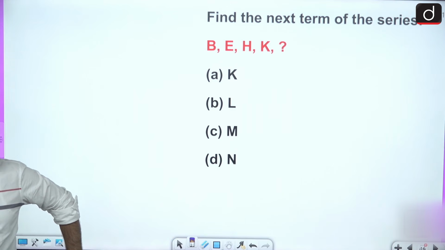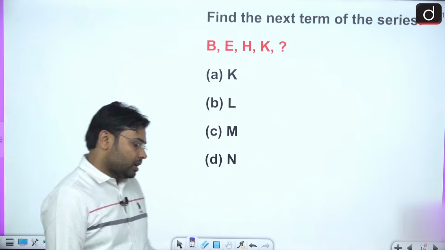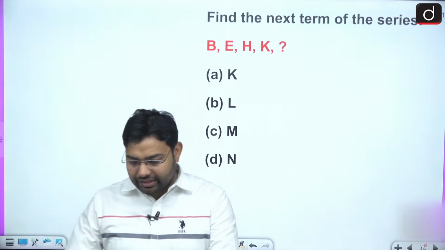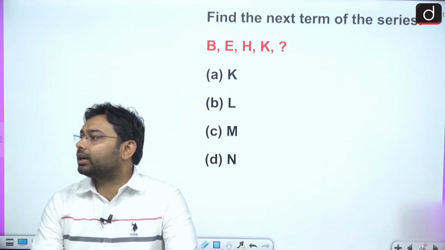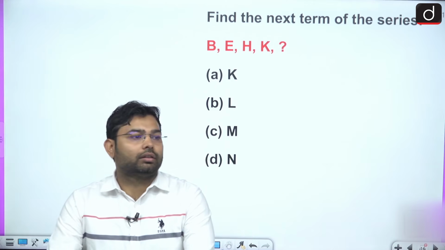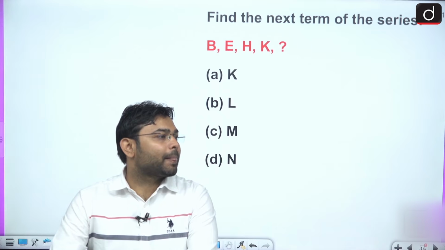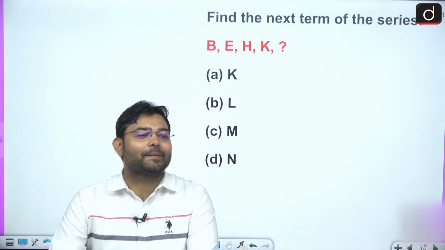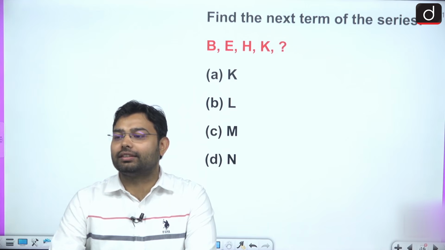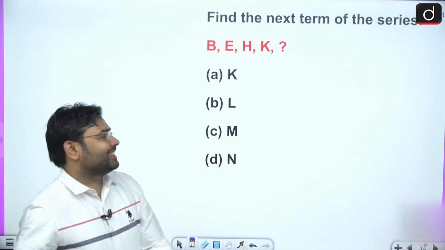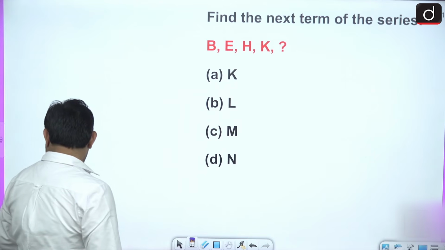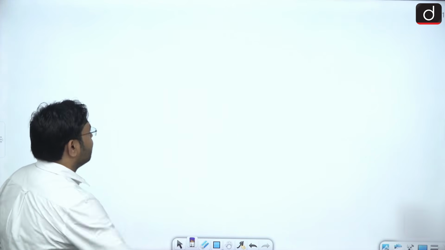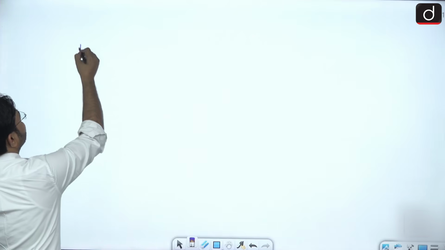BEHK, find the next term of the series. How many of you remember the places of the English alphabet? Q is on 17, S 19, T, K. Okay, focus on this. First, you need to know the positions.